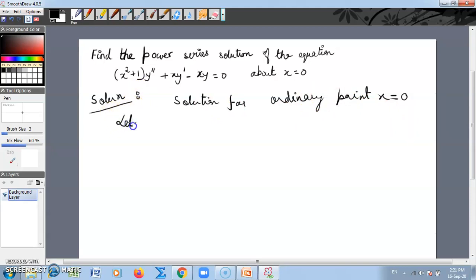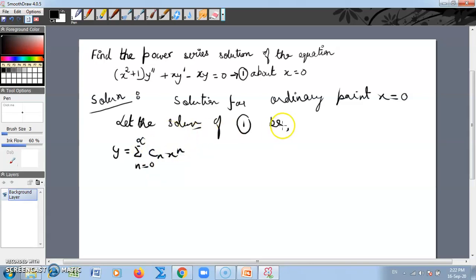So let the solution of equation 1 be y is equal to summation n goes from 0 to infinity of Cn x to the power n. Now how did we do this?